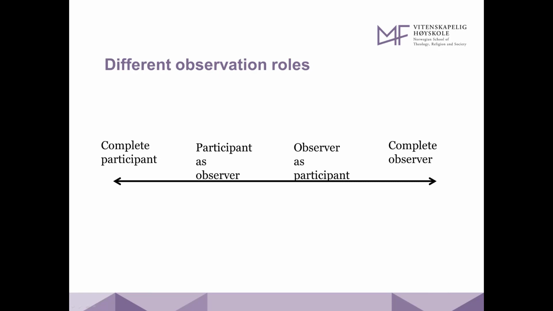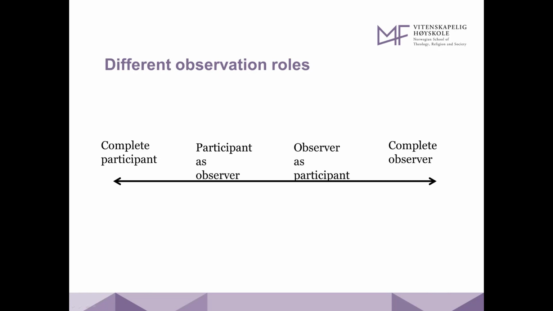That means that you try to become a full member of the group that you study, participate in all activities of the group, and that you either hide or put aside your identity as a researcher, what is sometimes referred to as going native in social anthropology, where traditionally researchers did research on native tribes or communities in other parts of the world. So going native is about trying to become one of the people you are studying.